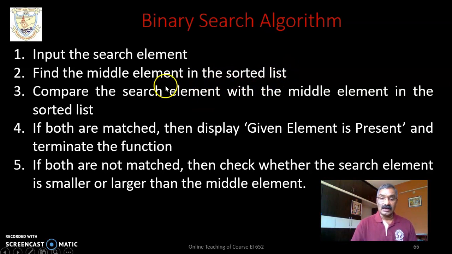Second, the very important step here is to find the middle element in the sorted list. Unlike in the earlier case of linear search, where it finds the very first element, the element present at the 0th index, and checks it with the search element, here it will go exactly to the middle of the list. If the list consists of 9 numbers, it goes to the middle one, 9 divided by 2. So 9 divided by 2 is 4.5.